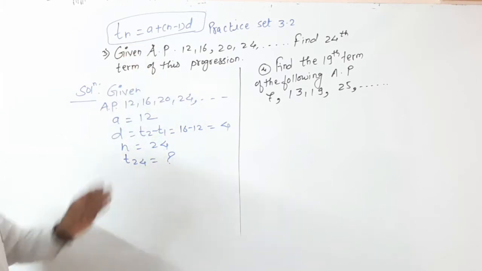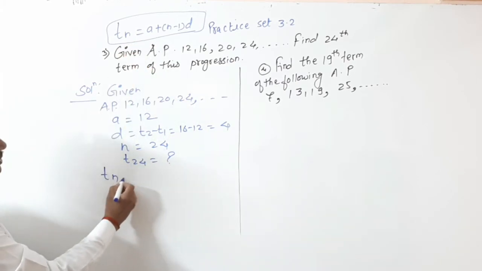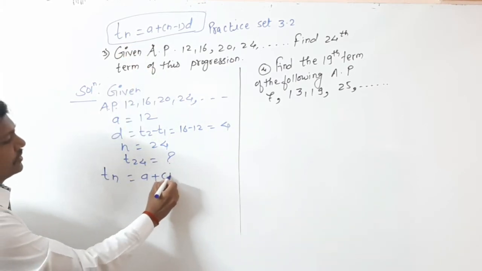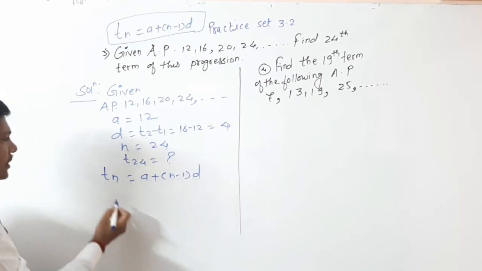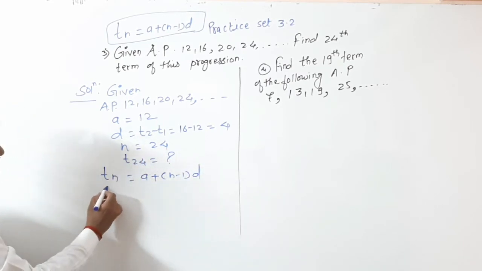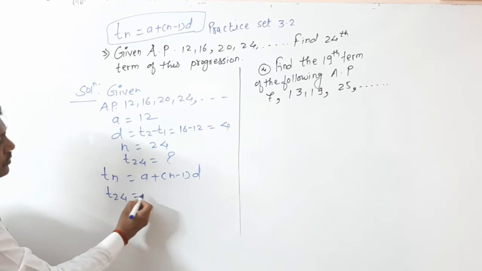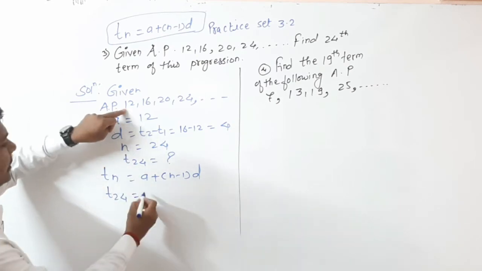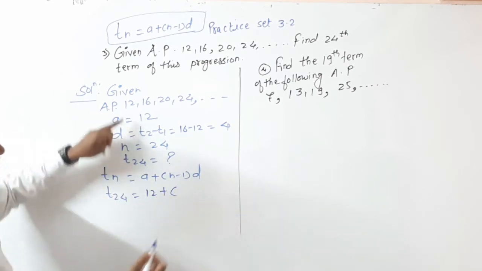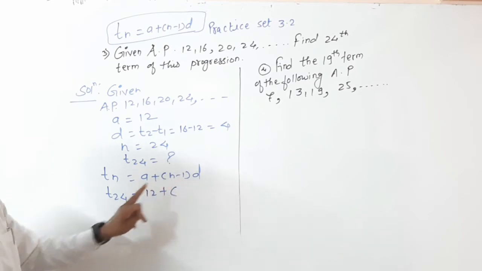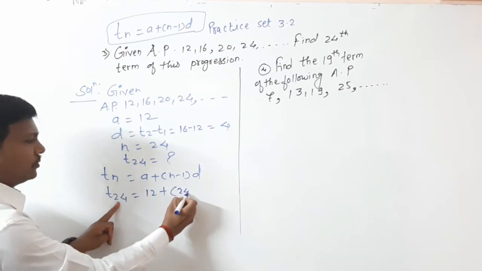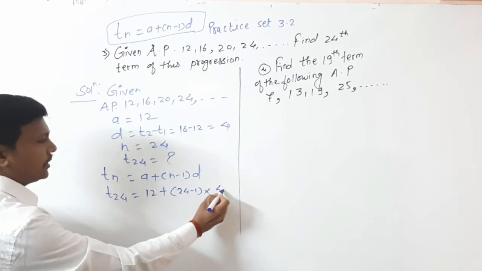So use this formula, Tn equal to A plus (n minus 1) into D. So this n is 24. So T24 equal to A, that is 12, plus n minus 1, means 24 minus 1, into D, that is 4.